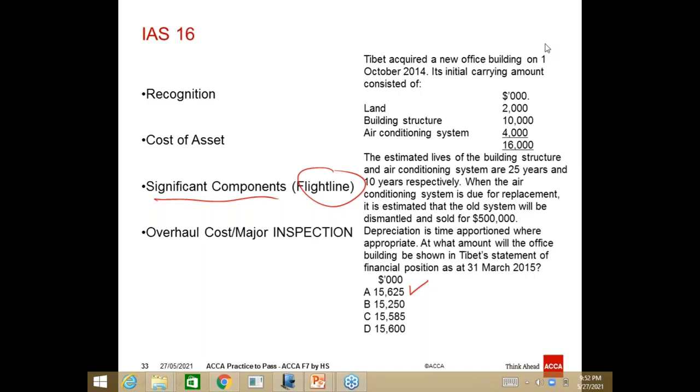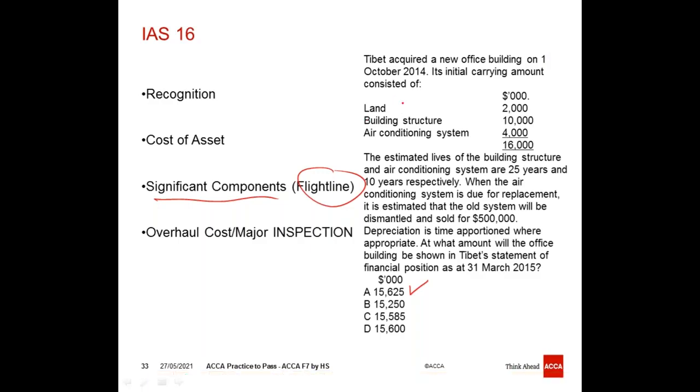IAS 16 says that each significant component of the asset should be depreciated separately. So here, the land is a non-depreciable asset, but the building component is a depreciable asset, so it should be divided by 25 years.